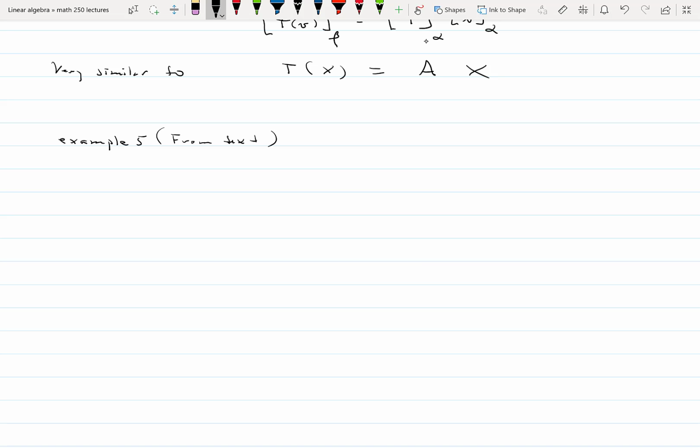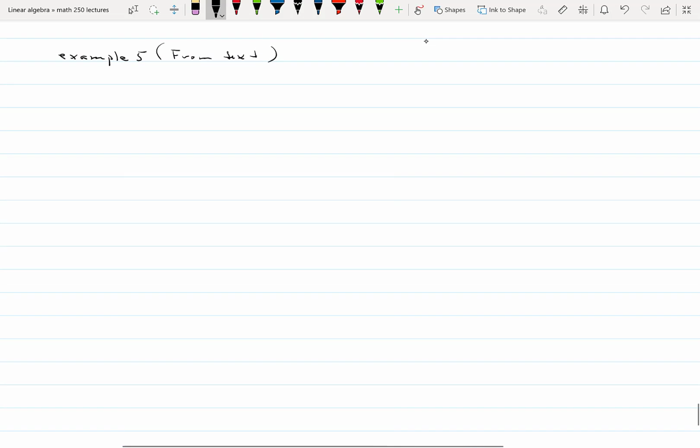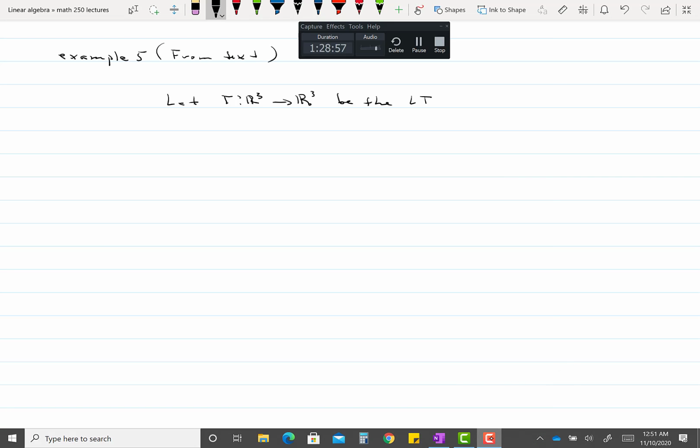This is to illustrate what this main result is for. Let T from R3 to R3 be the linear transformation from our last example. Okay, I'll write that out.